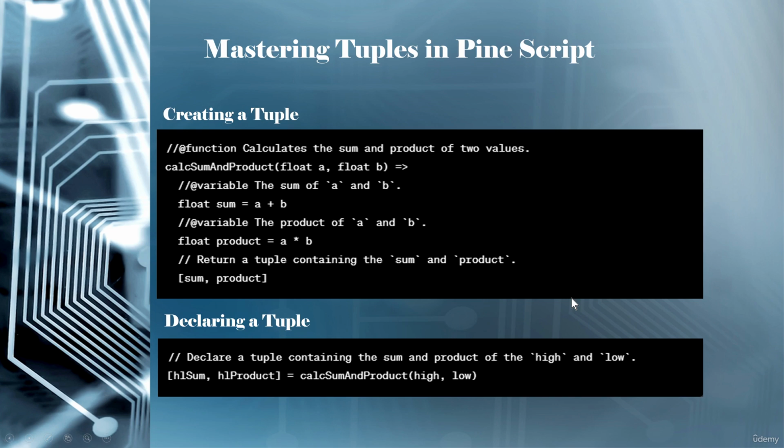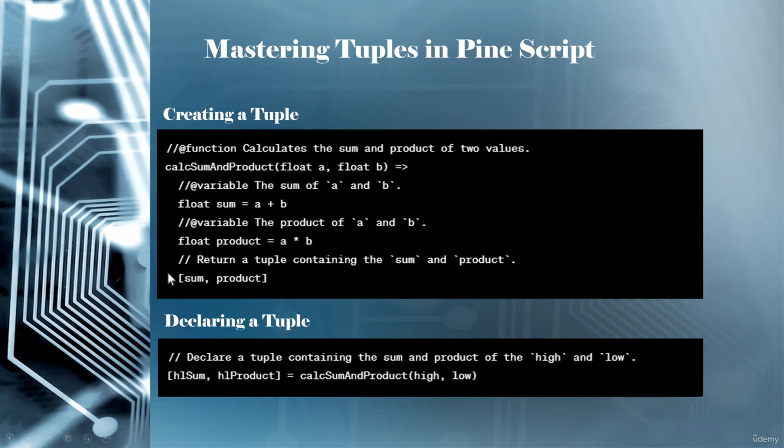Let's explore how to create a tuple. Let's look at an example of user-defined function returning a tuple with the sum and product of two float values. This function, calc sum and product, has two parameters. And this function does calculations with these two parameters of a sum and calculation of a product.